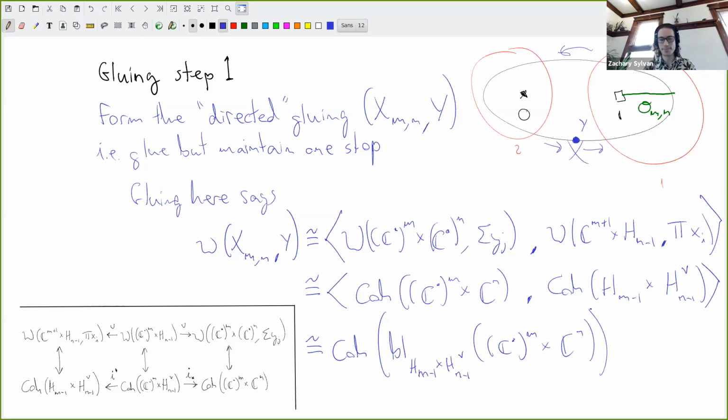Great. So the first step of gluing tells us that this directed thing is mirrored to a blowup.